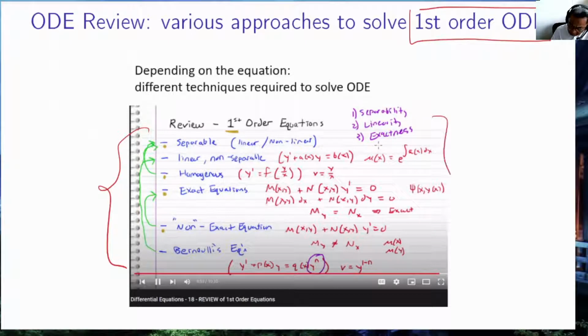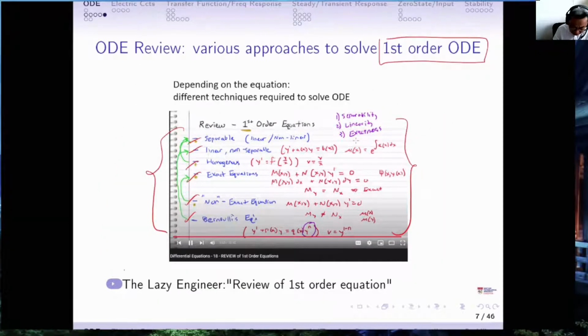If you remember, it was really difficult to solve ODE; there are many methods, and you have to remember many of them. When it comes to using Laplace, it's a much simpler process. So if you want a quick review, just go to YouTube, Google Lazy Engineer review of first order differential equations, and then you'll see this slide.